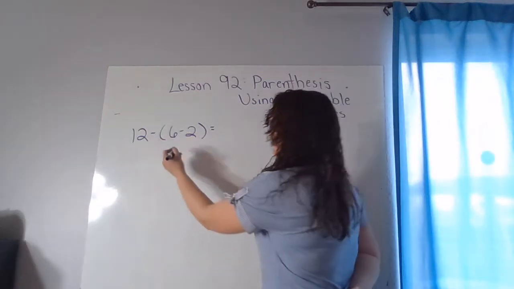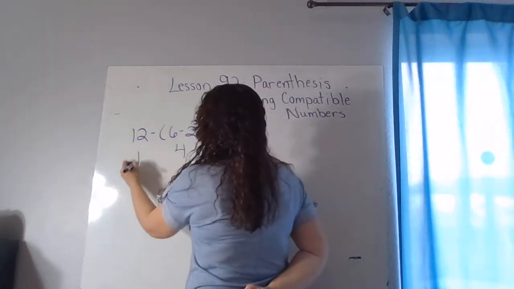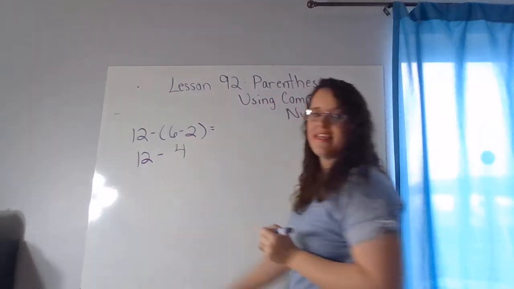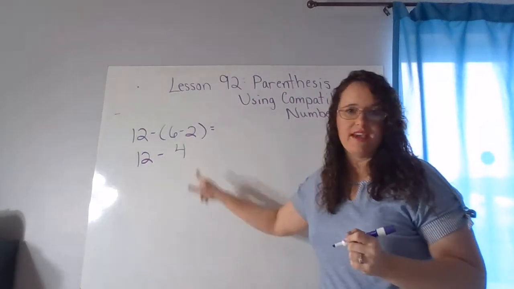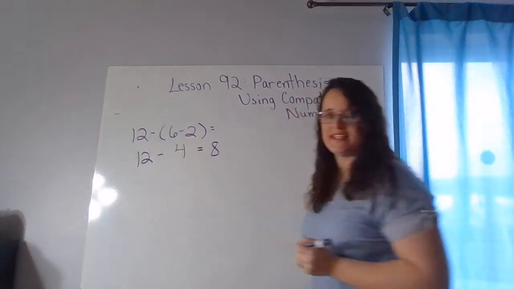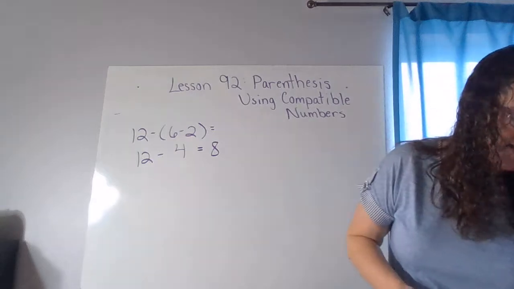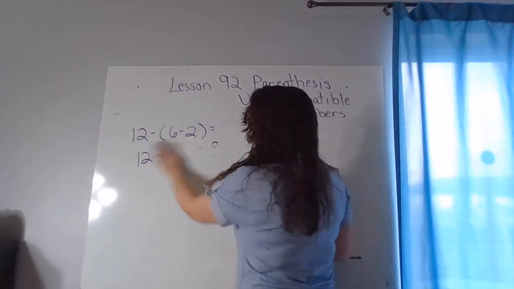So 6 minus 2 gives us 4. And then once we have the 4, we can go ahead and do 12 minus 4, which gives us an answer of 8. Okay? We're going to look at another example along these lines.